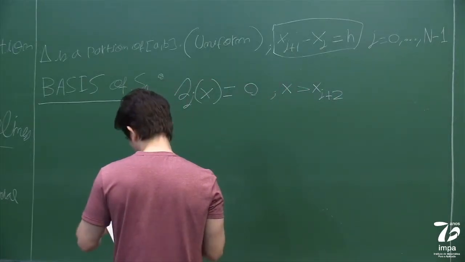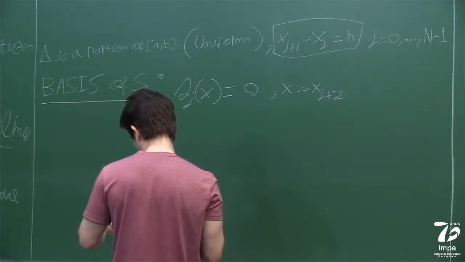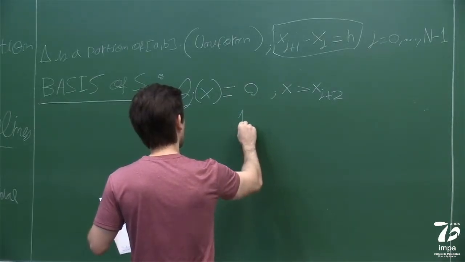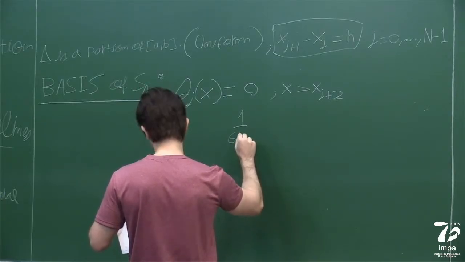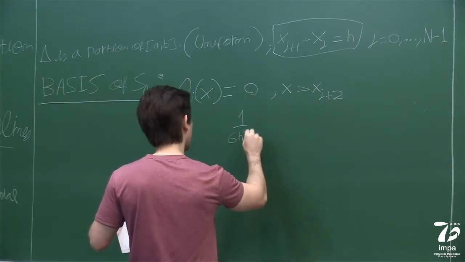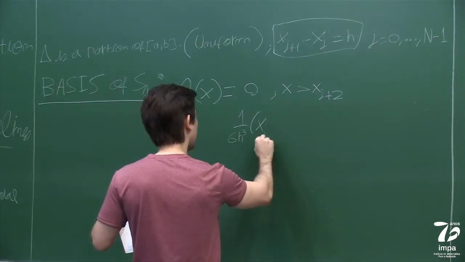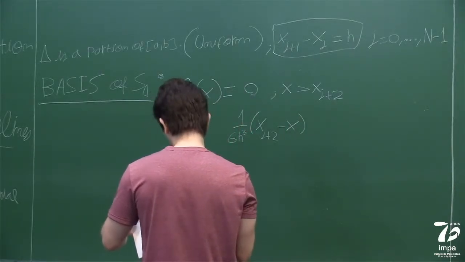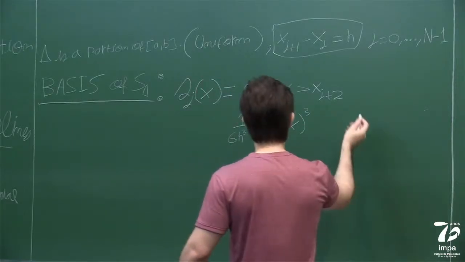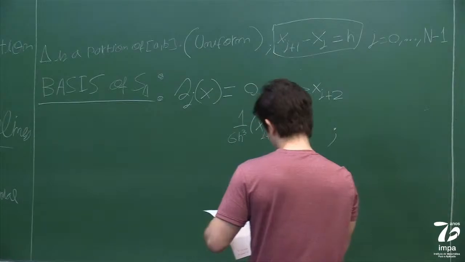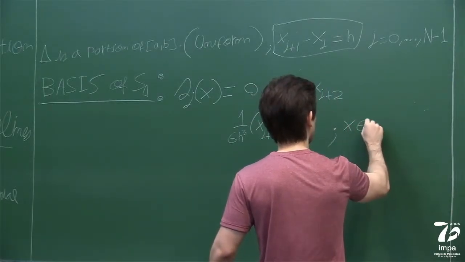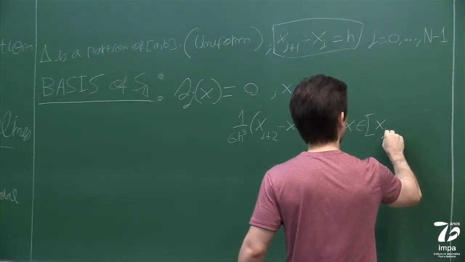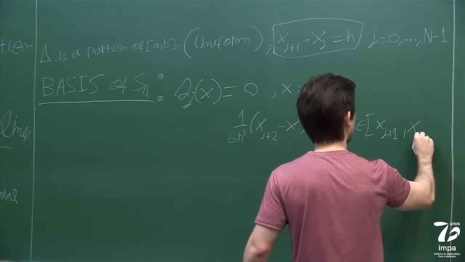It is 1 over 6h cubed times (xj plus 2 minus x) to the power 3 when x is between xj plus 1 and xj plus 2.